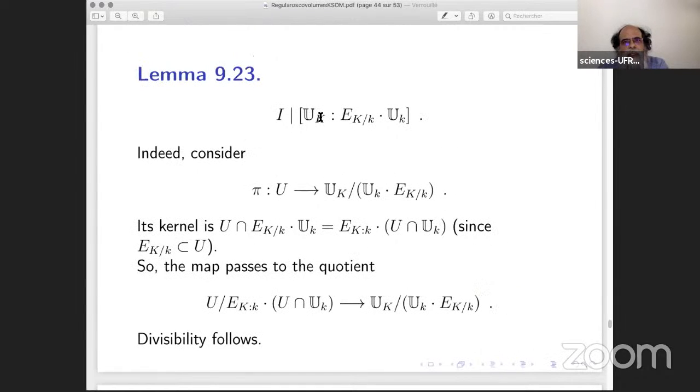So now once you have divisibility, what you can do is use again the decomposition of, maybe I should write it down.